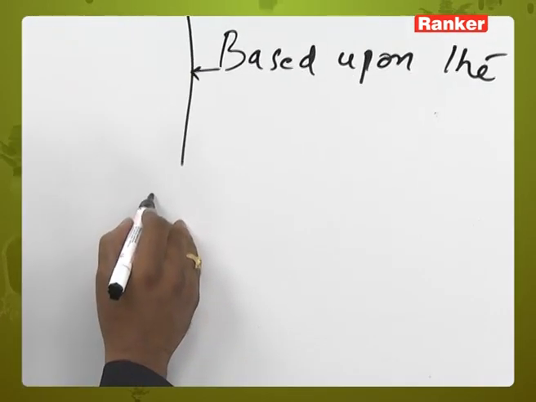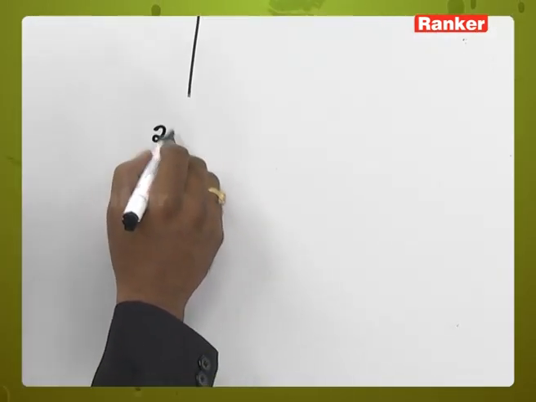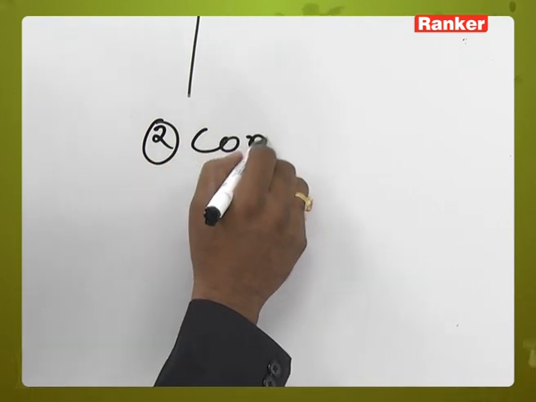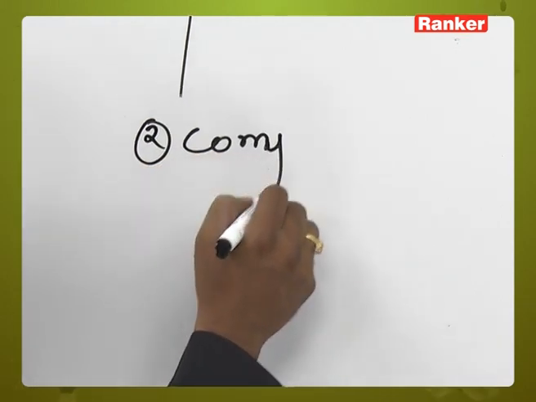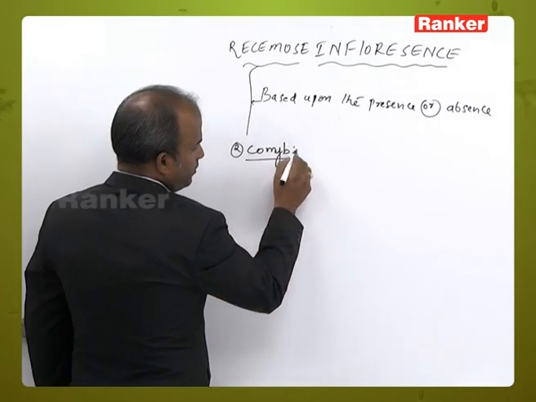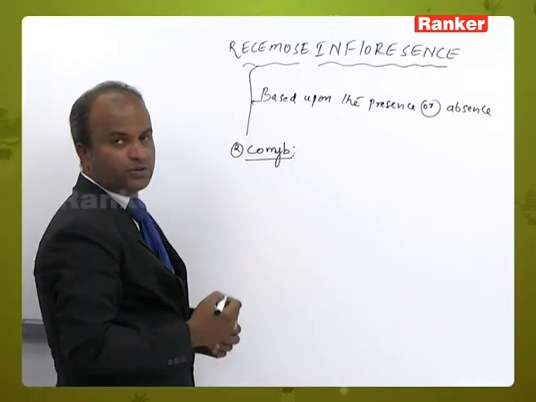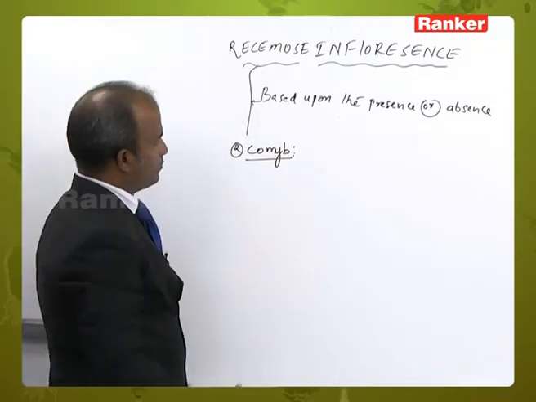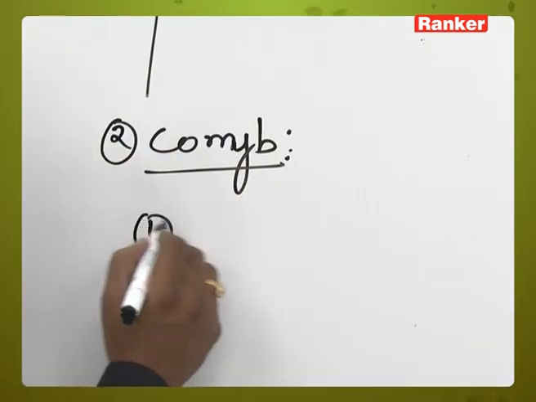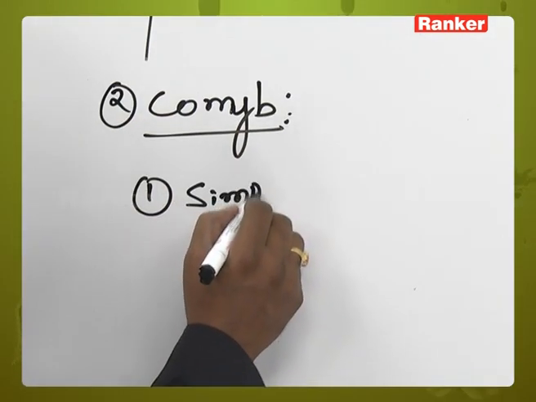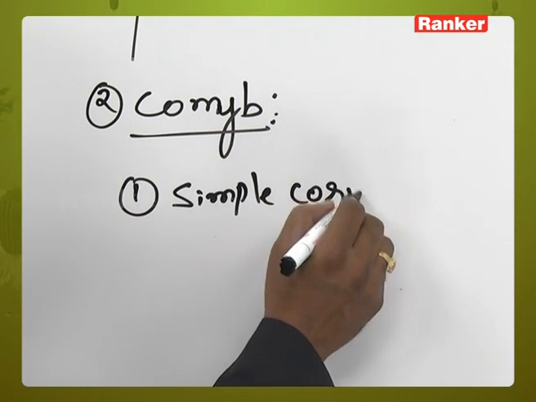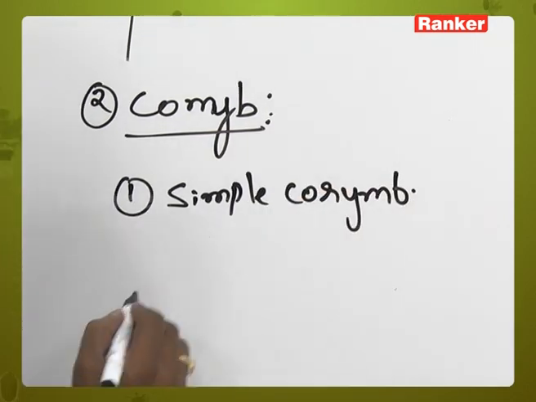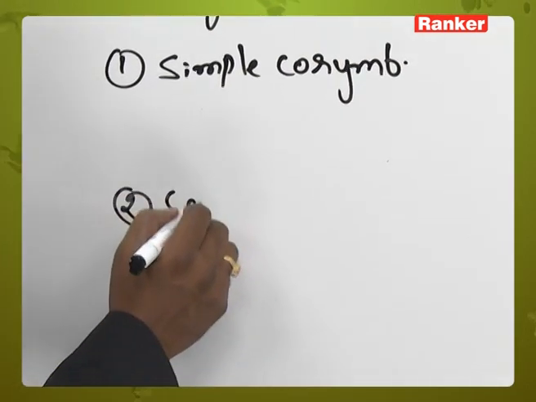Next goes to the second type of inflorescence, that is nothing but corymb. This corymb is also of how many types? 2 types. One, simple corymb, and second, compound corymb.